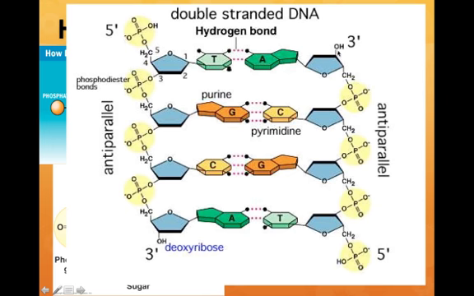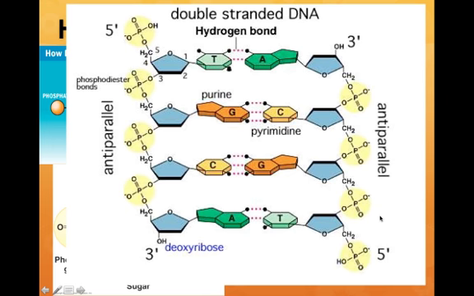If you notice, the 3' hydroxyl is sticking out here, and the 5' phosphate is sticking out here. That's called polarity. You're always going to have one strand with a 5' phosphate sticking out, free, not attached to anything, and a 3' end on the other side. Because it's anti-parallel, the 5' phosphate group will be sticking out where the 3' hydroxyl is sticking out on the other strand, and opposite.